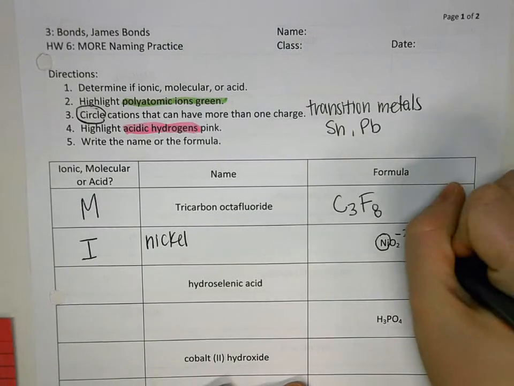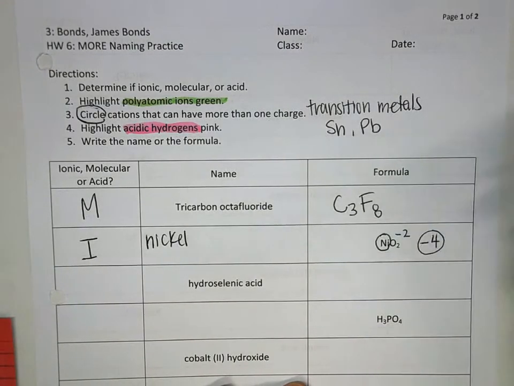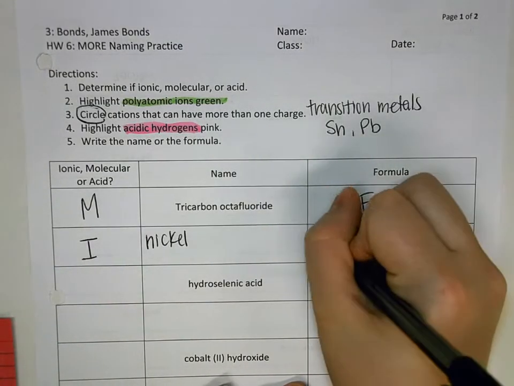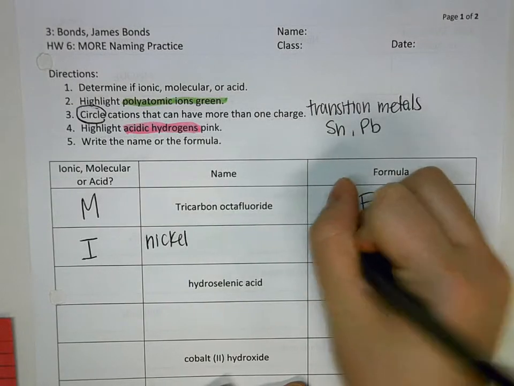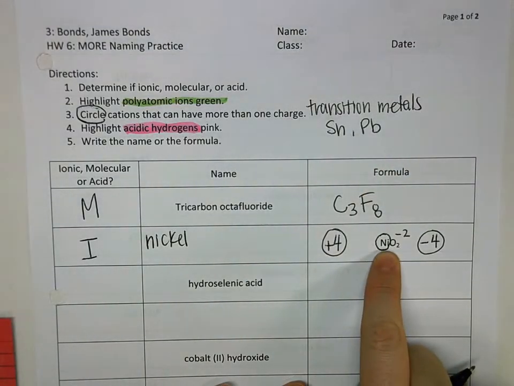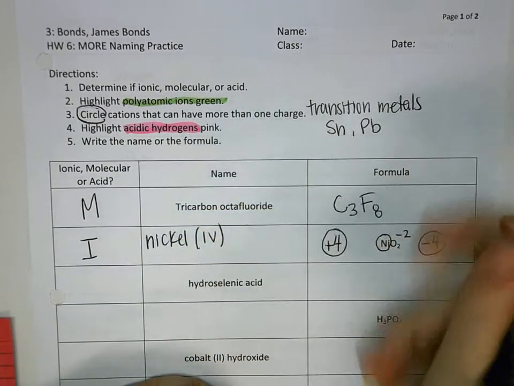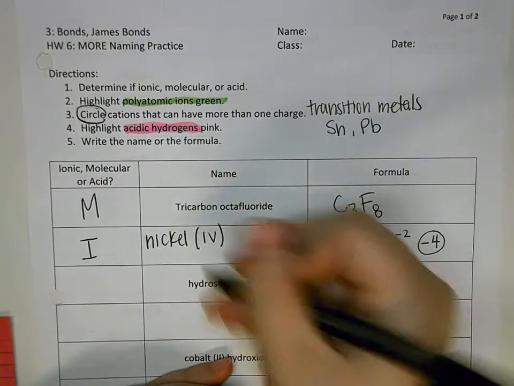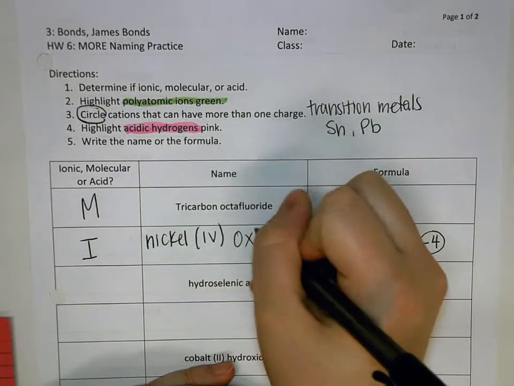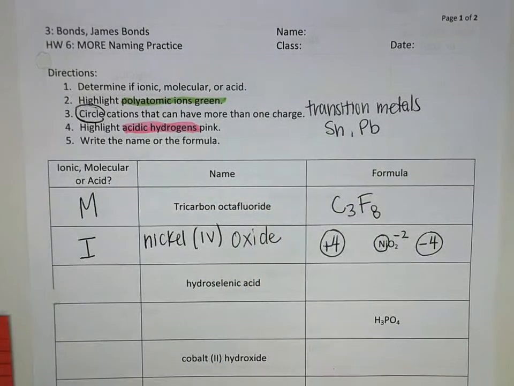So my total negative charge is -4. So then my positive charge to balance that must be +4. There's only one nickel, so the charge on this nickel has to be 4. This is O, which is oxygen, but we changed that to oxide.